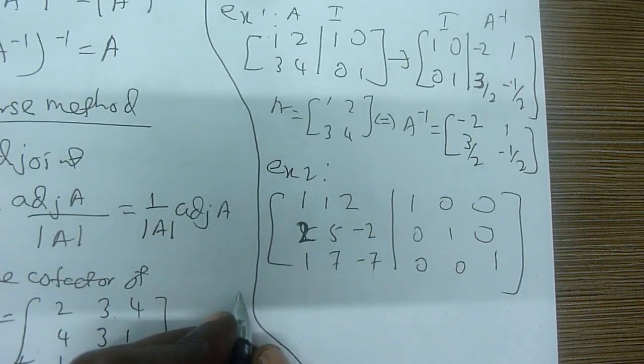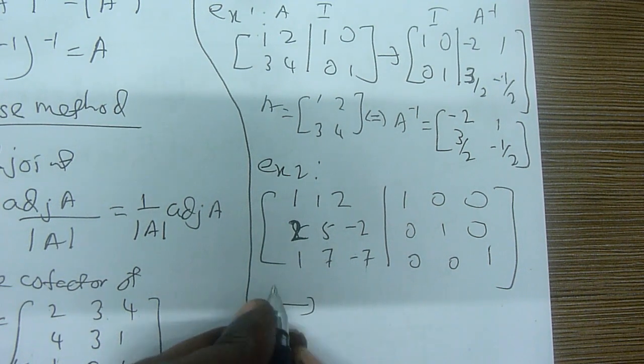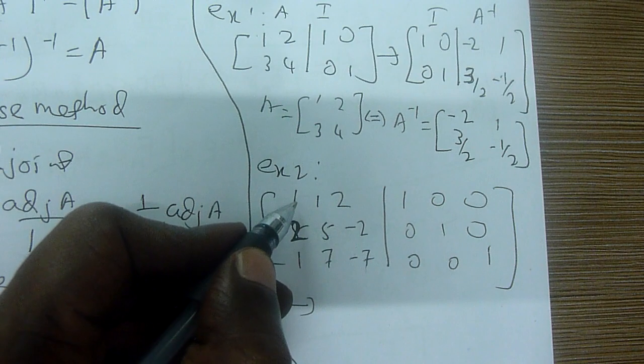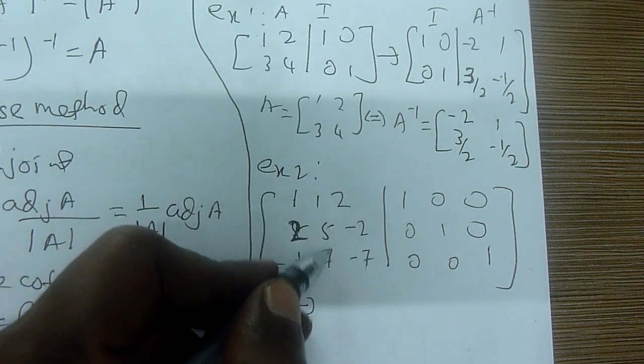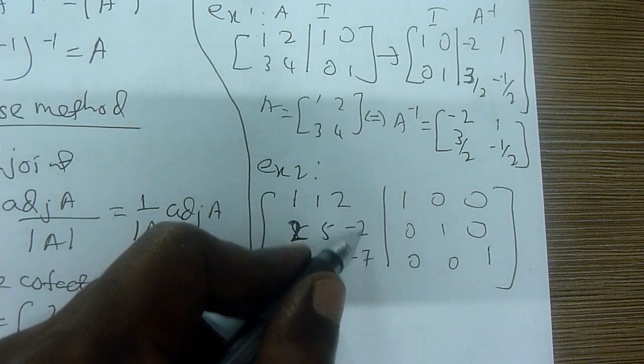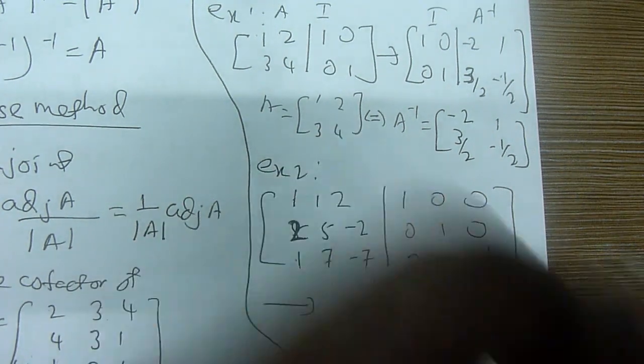If this is the scenario, you need to make the left side the identity, systematically bringing it to this side.